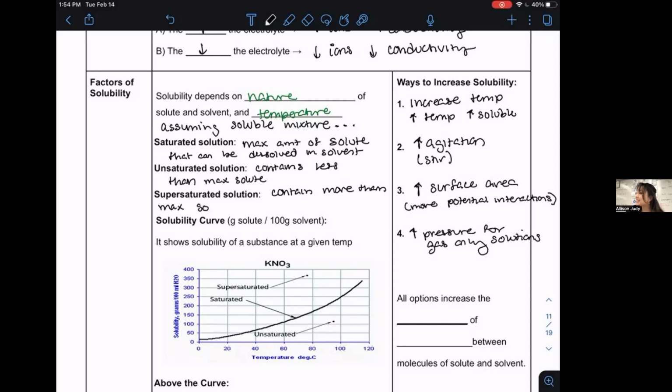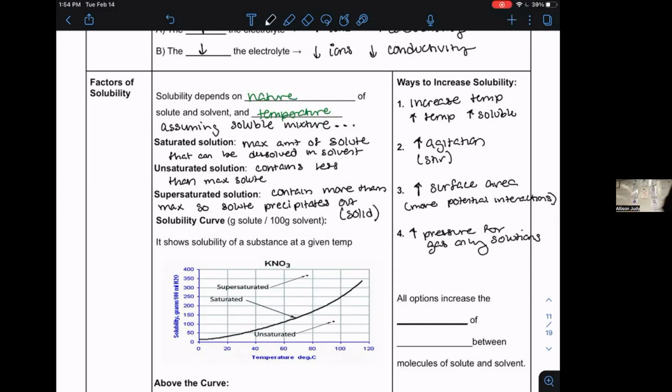So what we see is that solute precipitates out. And by precipitates out, I mean literally solid chunks form.